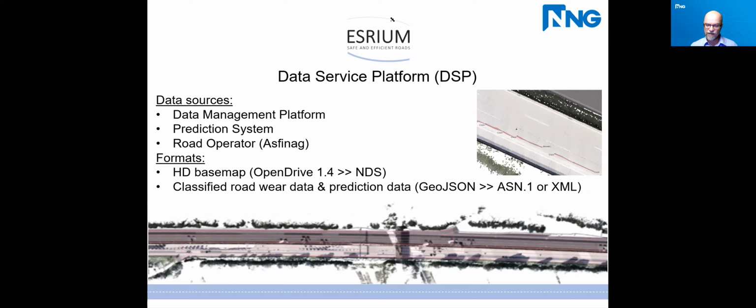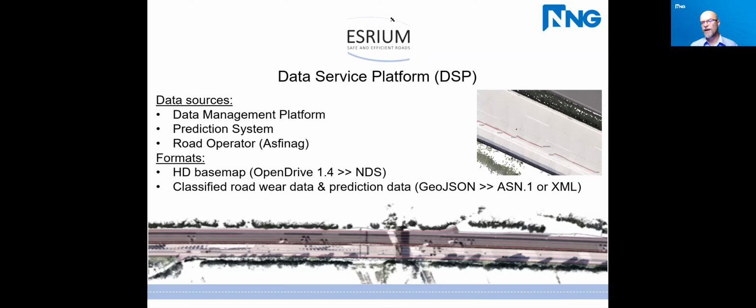The data formats: we will have an HD base map provided by the data management platform using OpenDrive 1.4, which will be converted to the NDS standard. Most probably we will have NDS Live, because we already have the working solution.